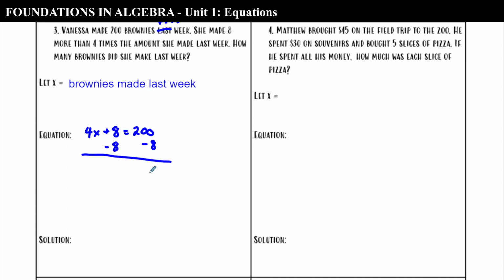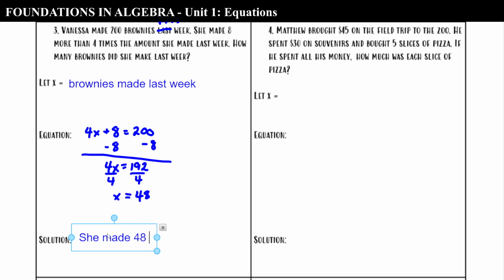So we subtract 8 from each side, that gives us 4x equals 192. And then we divide by 4, and that gives us x equals 48. And so our solution, remember, word problem needs a word answer, is that she made 48 brownies last week.